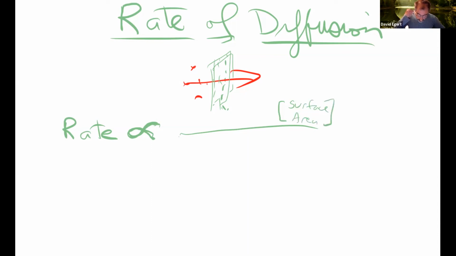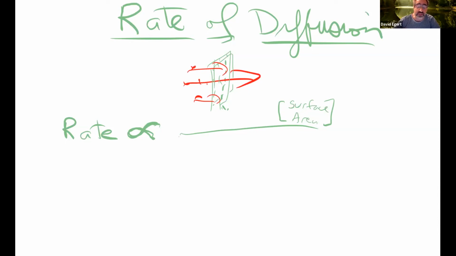So surface area: the greater the surface area, the more stuff is going to be able to cross over in a certain amount of time. We're going to see this really dramatically in the lining of the intestines. You're going to have all this crazy folding of the intestinal lining cells, so you end up getting a surface area the size of a football field, bringing nutrients across from your intestinal lumen into your body.